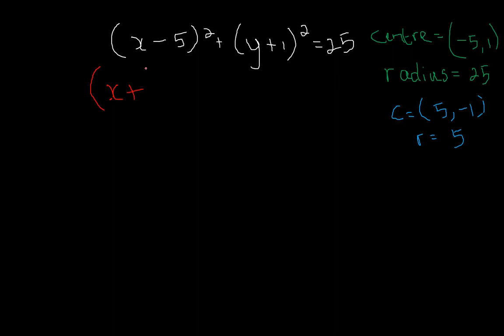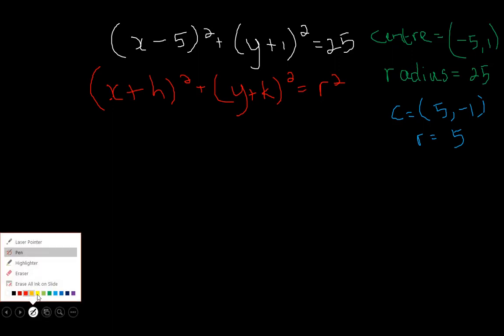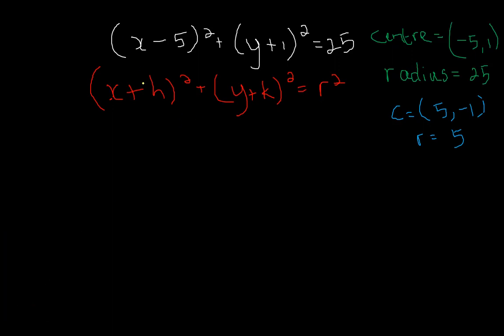(x + h) squared plus (y + k) squared is equal to radius squared. Good job. Now we need to look at our values. Looking at the standard form, h would be equal to -5 in this case.